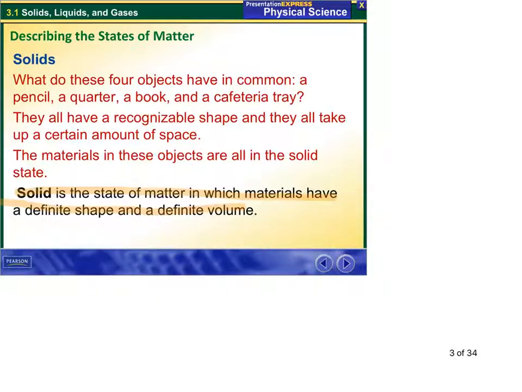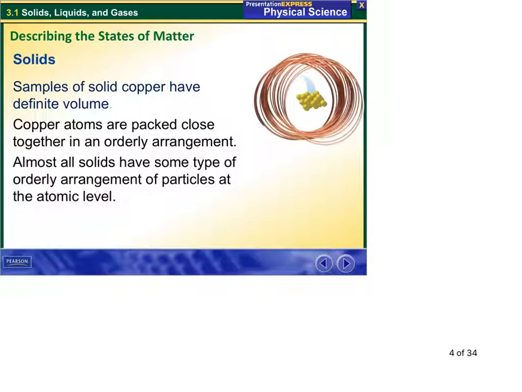With definite shape and definite volume, we just mean they're not going to change without some external force acting on them. The reason they have these is because their atoms are packed close together in an orderly arrangement.